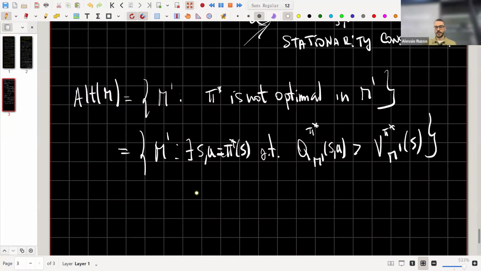So the reason why we can write this is because if there is an action different from the action taken by pi star, such that the value in that action is larger than the value of the action taken by pi star, then it means that you can improve the policy.